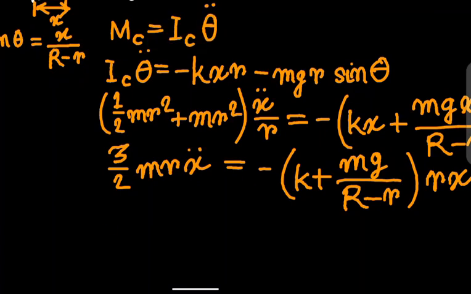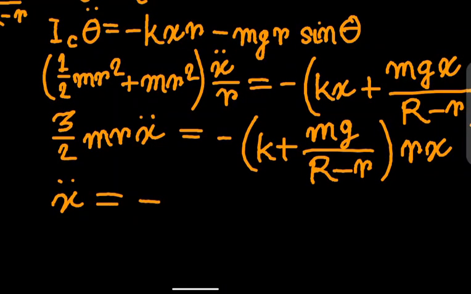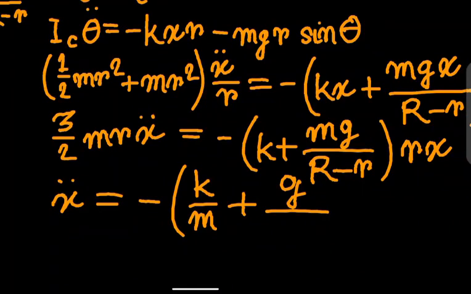So if we divide everything, we will end up with x double dot equal to k by m plus, sorry, this is actually 3 by 2 here. This 3 by 2 term is still here; I have not taken it to the right hand side yet.